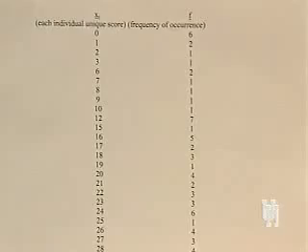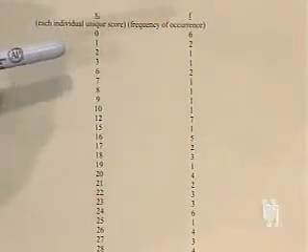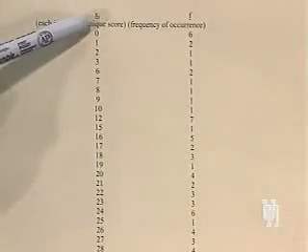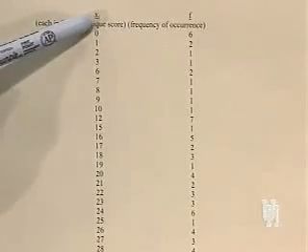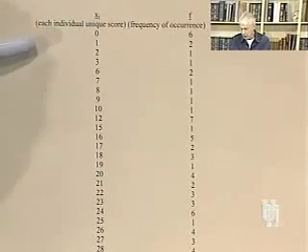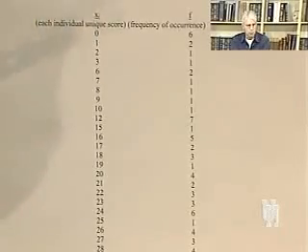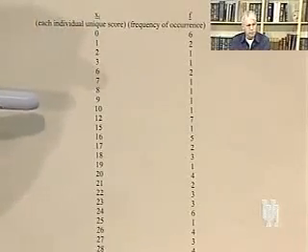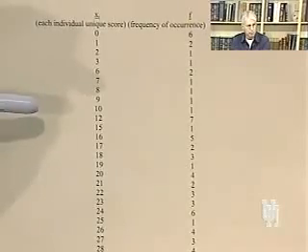As I'm sure most of you are familiar with, when constructing a frequency distribution, you have two columns, lowercase x subscript i, which simply means each individual score. In this case, each individual unique score.